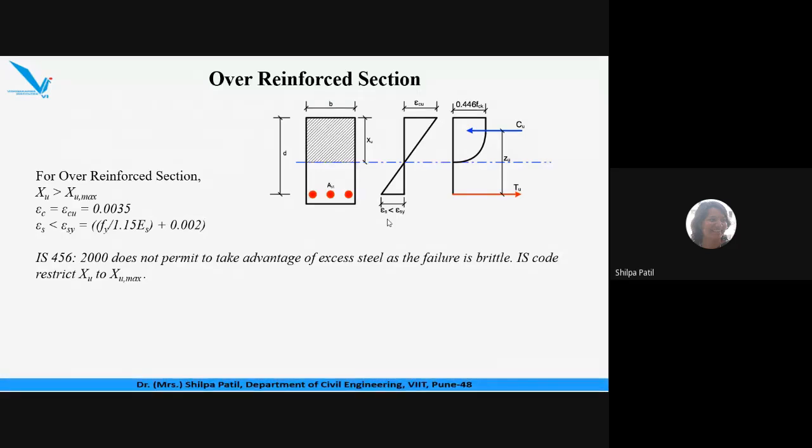See, though XU is greater than XU max, we never consider a section with the actual value of XU which is greater than XU max. So the IS code restricts XU to the XU max value. Suppose your XU max value is coming as, say, 150 and your XU value is coming as, say, 160.